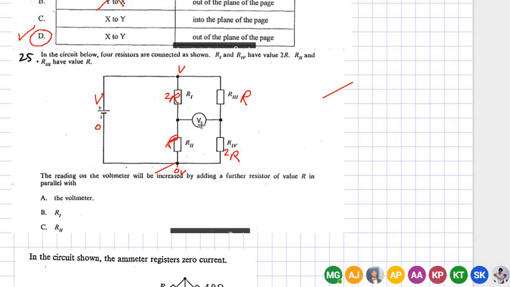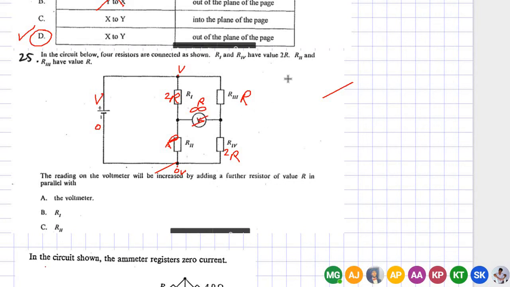And in between you just have a voltmeter which has infinite resistance. Infinite resistance means no current will pass through it. So it is basically like a disconnect, like an open branch.